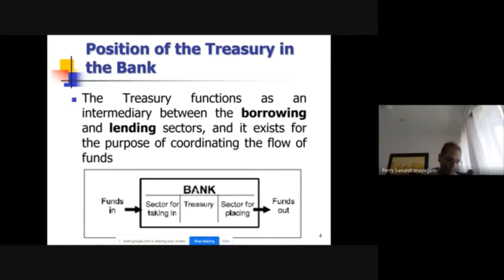So banks have created for themselves an intermediary role in the financial sector. Within that role, the bank will have both the borrowers and the lenders.